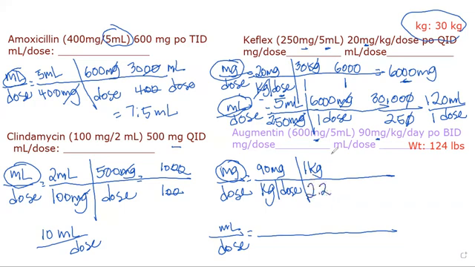And I would recommend doing it this way so that you're not doing mental math or just plugging it in the numerator when it should be the denominator and vice versa. This just keeps everything kind of organized. So you know you're canceling everything out appropriately. So this will cause us to cancel out our pounds. We can cancel out our kilograms, and we're left with milligrams per dose, which is what we wanted.